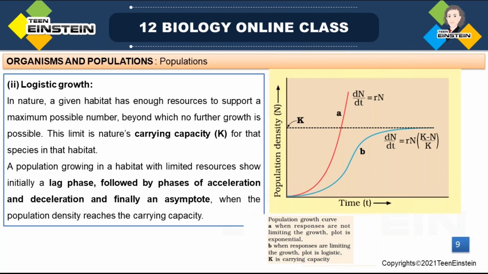There are three phases, so we need to explain them clearly, and we'll explain that in the next class. Hope up to this everything is clear. So the second type, logistic growth, we'll explain in the next class.